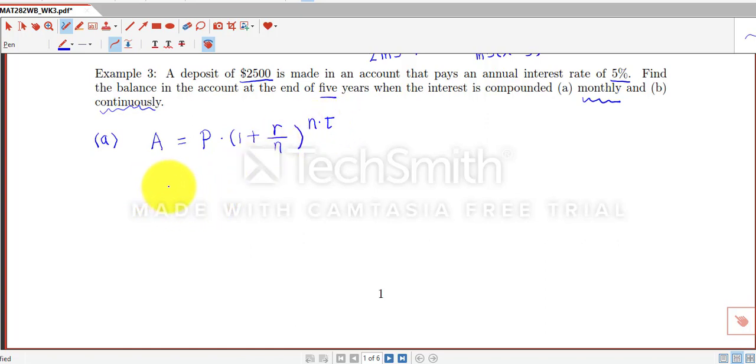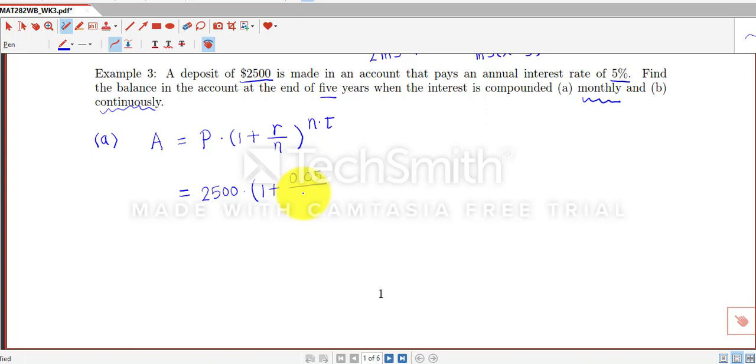So in this case, in part A, the future value or the balance in the account at the end of 5 years will equal the present value, $2,500, times 1 plus the interest rate, 5%, which we change to a decimal, 0.05, divided by n, the number of times the interest is compounded in a year.